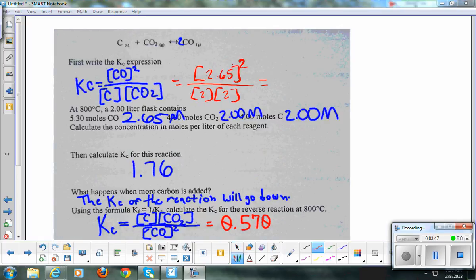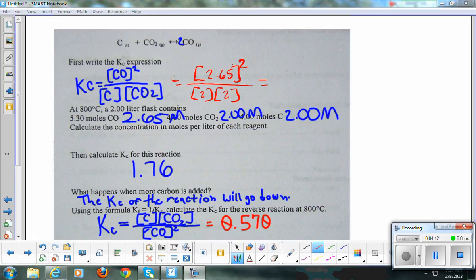Okay, let's look at this. Whenever you do a K expression, you have to have a balanced equation to start with. So the balanced equation first, that was pretty easy. You do products over reactants to their coefficients, and then you make sure that whatever you've got is in liters. On this particular one, the liters would actually cancel out because they're the same on the top and on the bottom, but that's not always so.